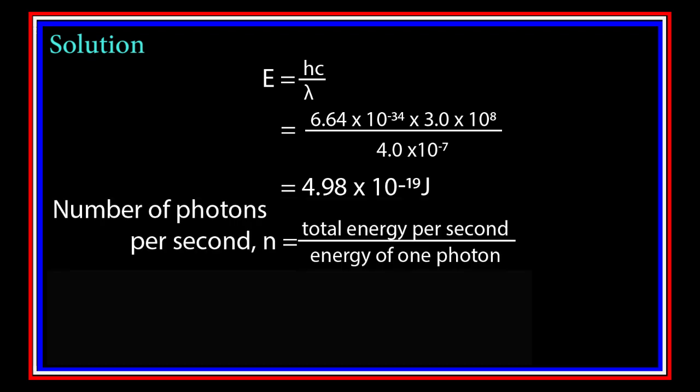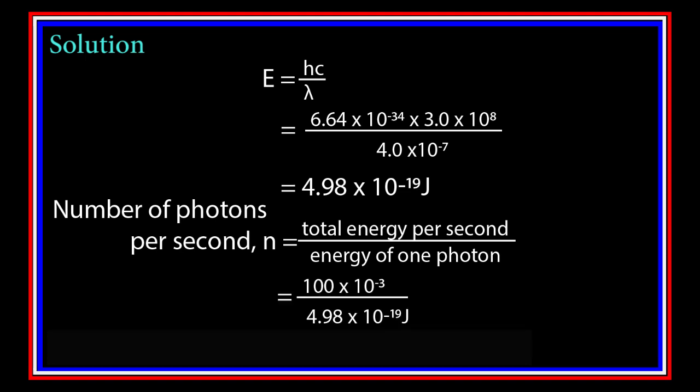The number of photons per second n is equal to total energy over energy of one photon. This is equal to 100 times 10 to the power negative 3 over 4.98 times 10 to the power negative 19.